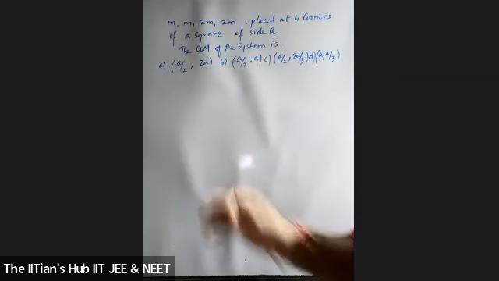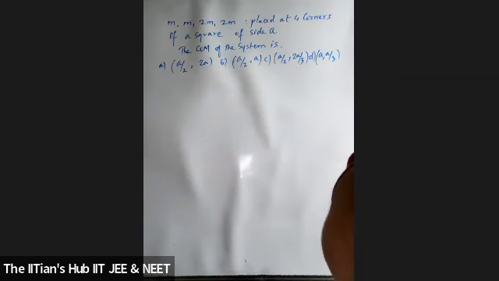Students, is the question clear to all of you? Yes. Four masses M, M, 2M and 2M are placed at four corners of a square of side a. I want you to locate the center of mass for the given system, students.